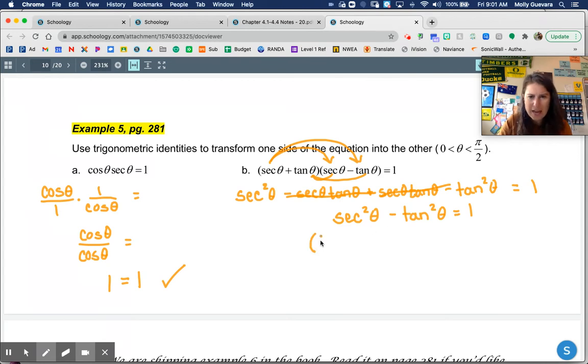This is the very last trig identity that we did, when we divided every term by cosine squared. So secant squared is the same thing as tangent squared plus 1. Well, tangent squared of theta minus tangent squared of theta cancels. And I get 1 equals 1. Woohoo! And I proved it.